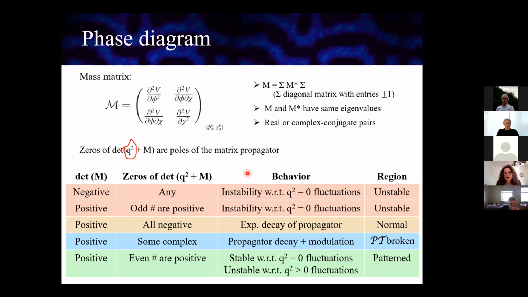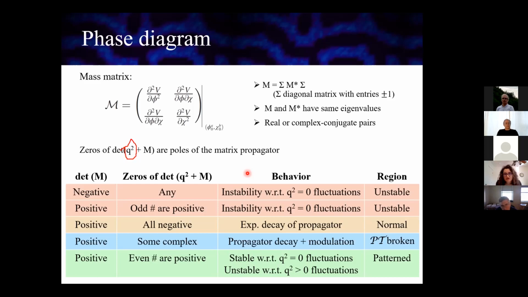Now, if you have an even number of poles that are positive, then this is going to be stable with respect to the q squared equals 0 fluctuations like before. It's going to be unstable with respect to these sort of pole ring tachyonic instabilities, and that's going to lead to patterning, just generically in any sort of PT model.